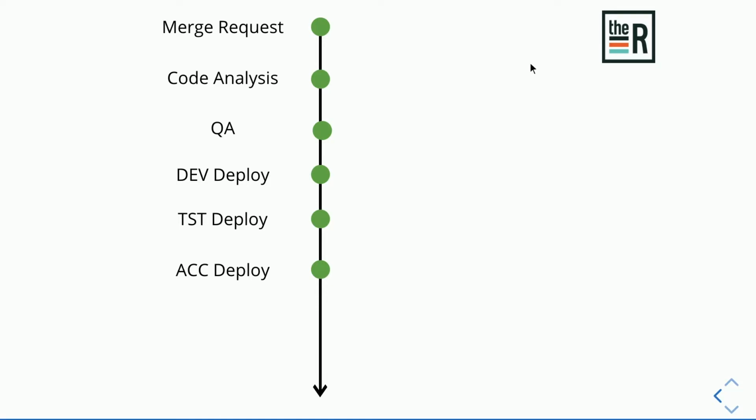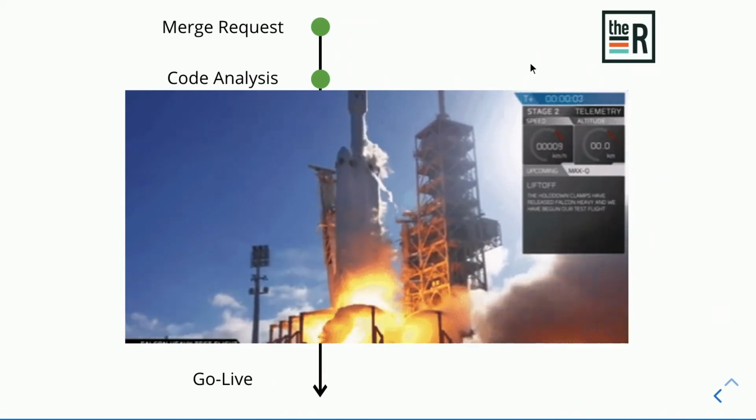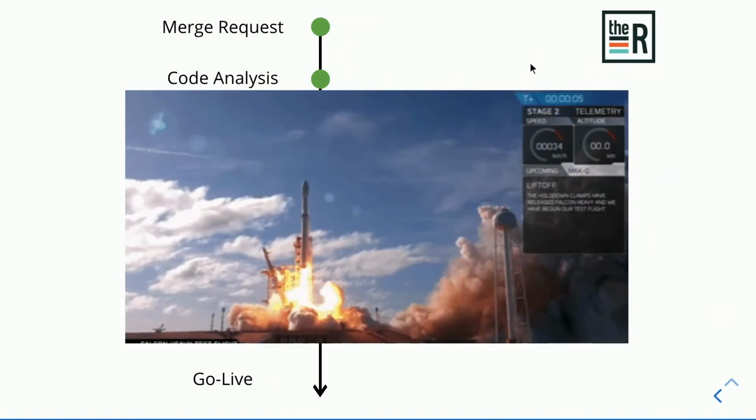In the meantime, we are going to do the TST as well. And if we are happy with the changes, we will deploy it on acceptance for our client. As soon as the deployment is finished, we will do the pre-go live check, which is performance testing and penetration testing. And then finally, we will launch and we will go live. And I really hope that we will get there.